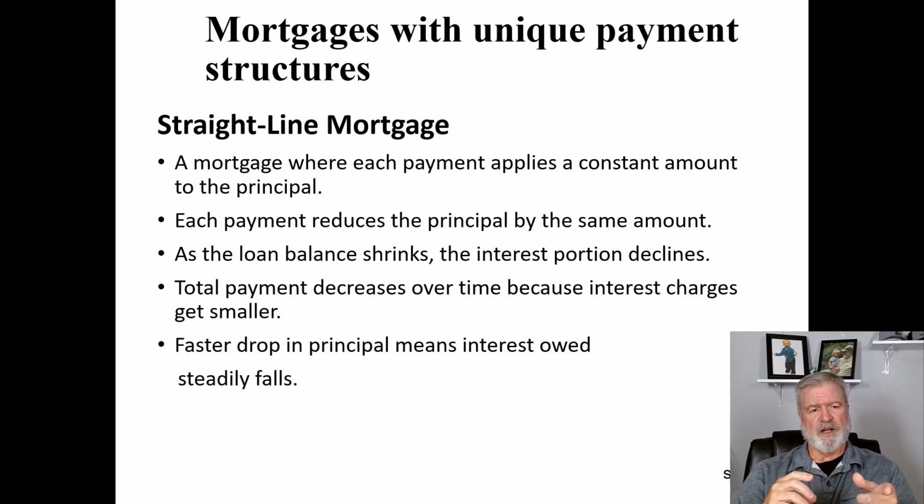But it says here too that the total payment decreases over time because the interest is getting smaller. We talked about it earlier. Your payment will actually get lower. You're making smaller payments over time because the interest is getting smaller. That's all they're talking about there.